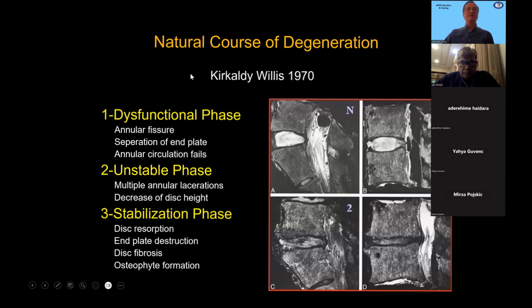And we know from Kirkaldy-Willis there are three phases of the degeneration. First it is the dysfunctional phase, then the unstable phase, and the body itself tries to stabilize the level of unstable motion segments.